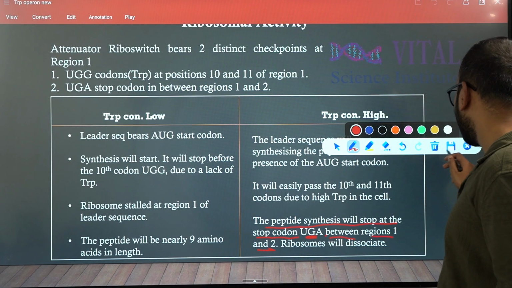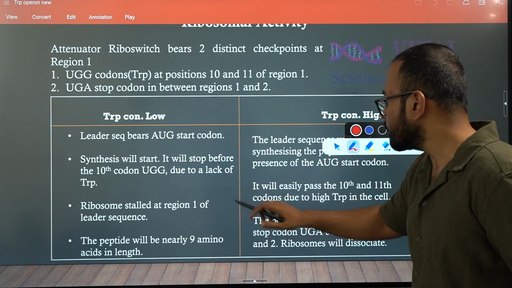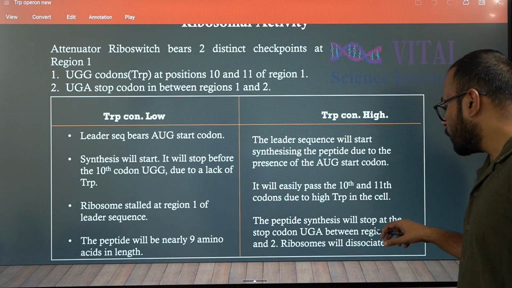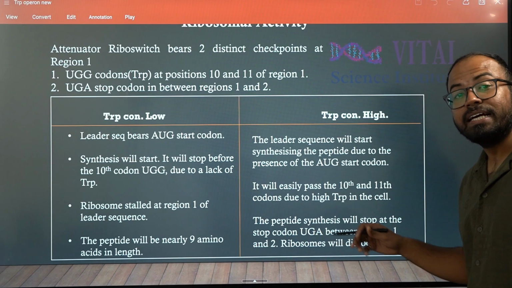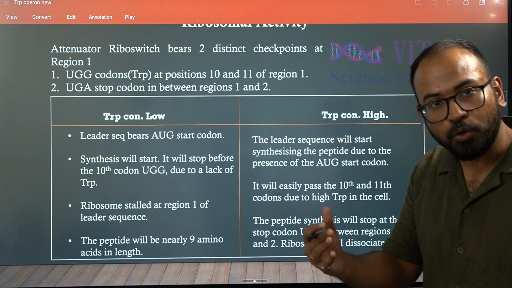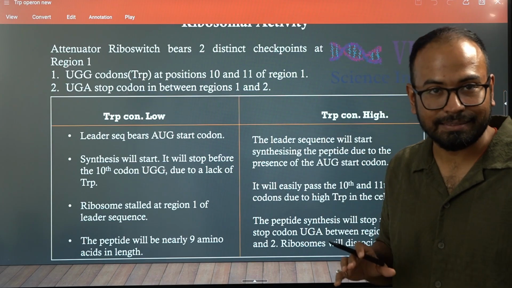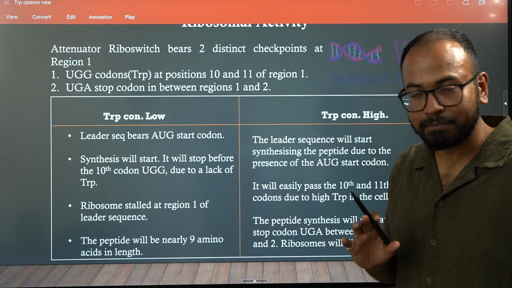Now, as we all know, ribosomes will dissociate. At stop codons the ribosome usually dissociates. This is the basic phenomenon.